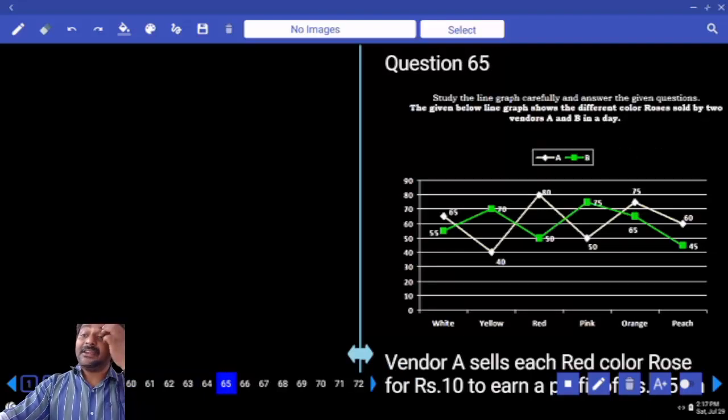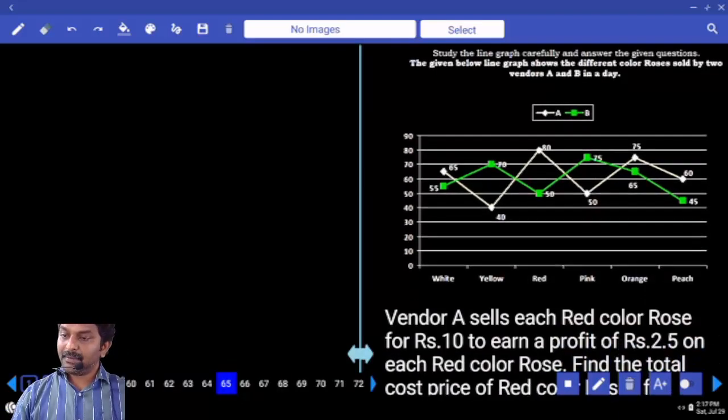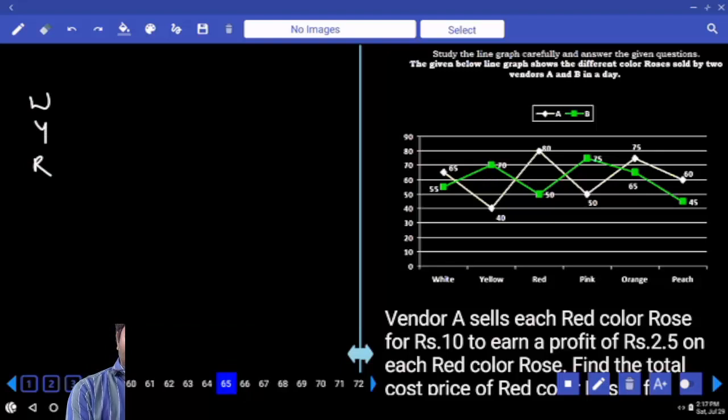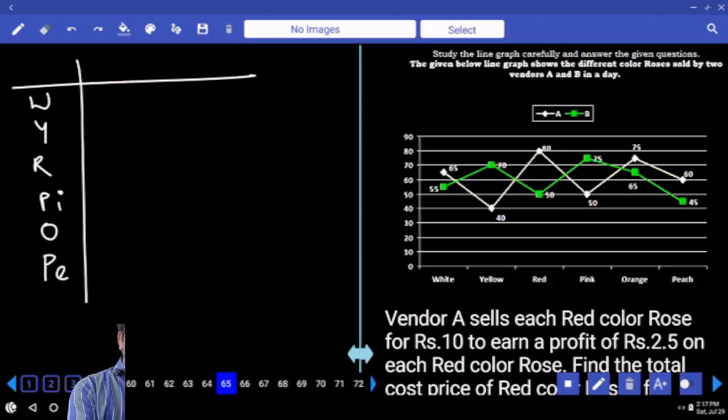The given below line graph shows the different color roses sold by two vendors A and B in a day. They are direct numbers only, right? White, yellow, red, pink, orange, peach. A and B. First A, white color.